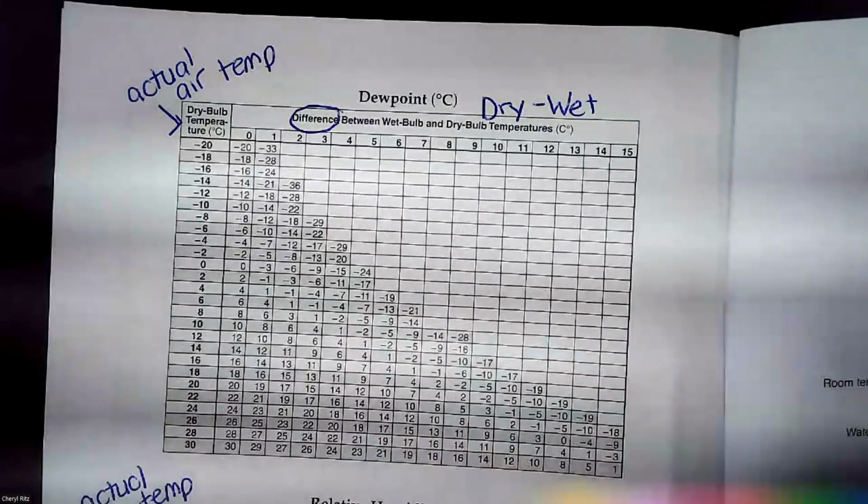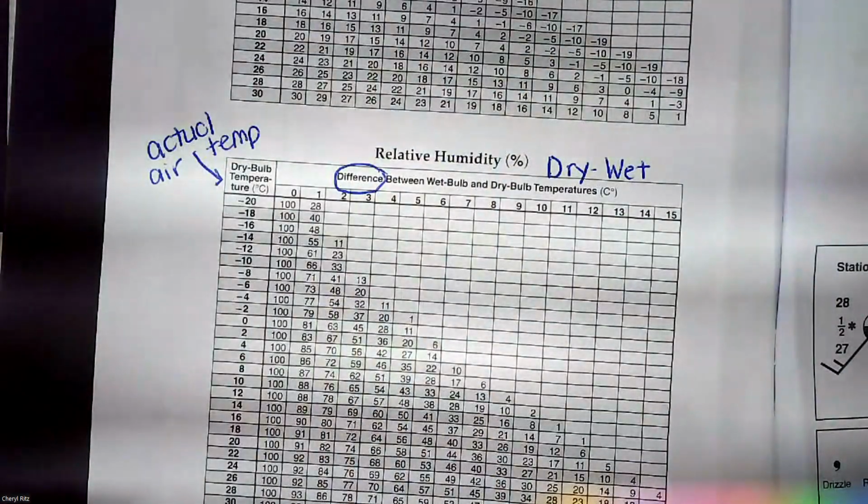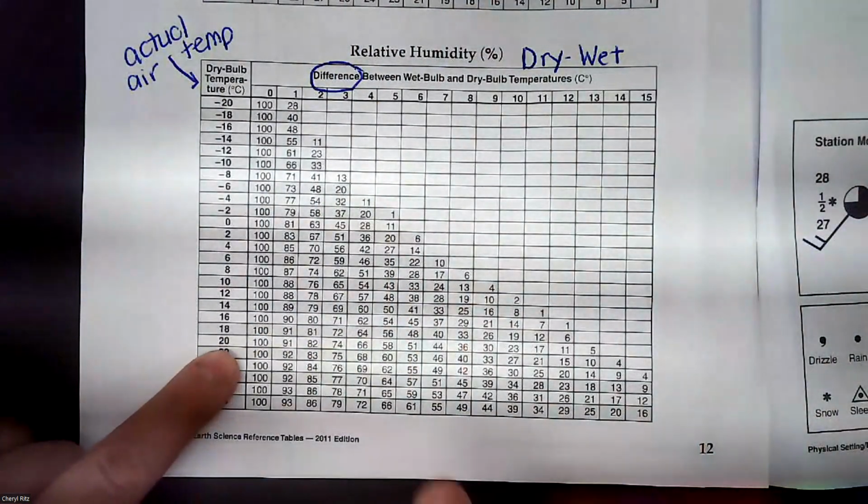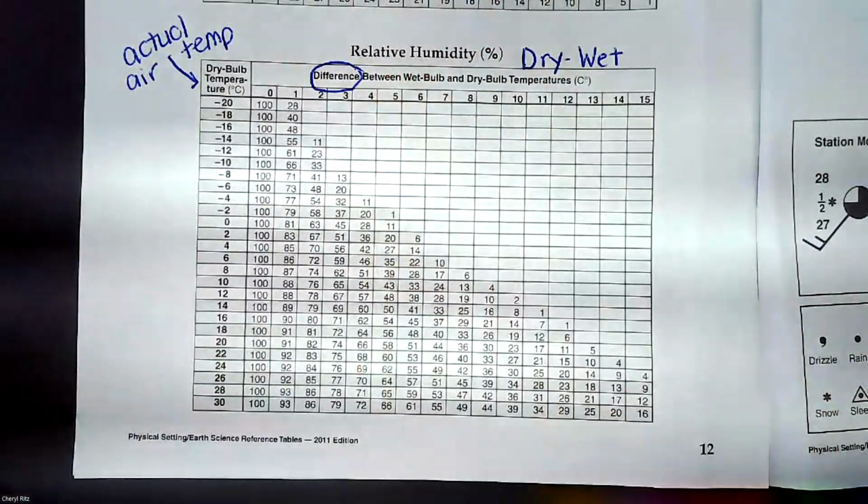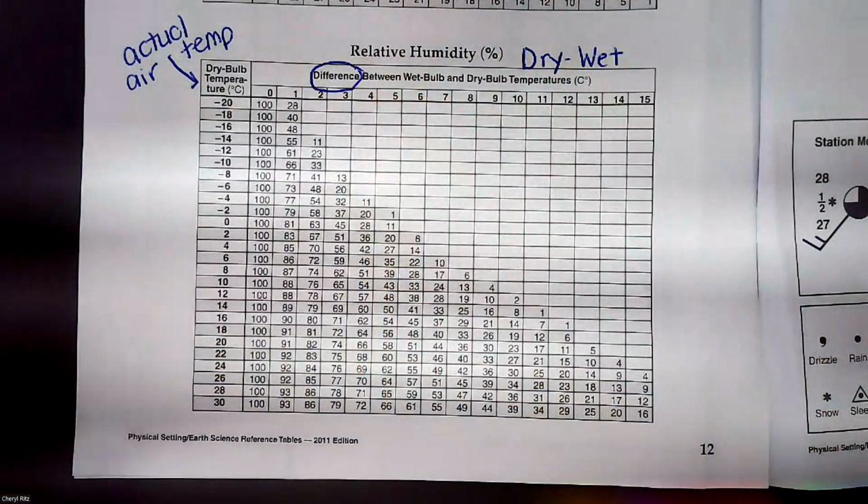How do we do that? Same way, just using the other chart. 20, dry bulb, 5, difference. Bring your fingers together and write down your answer on the relative humidity blank. Perfect.